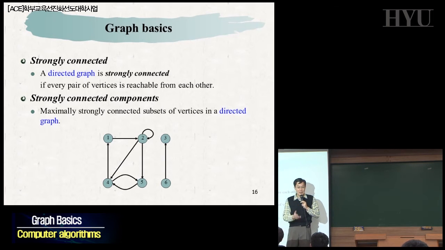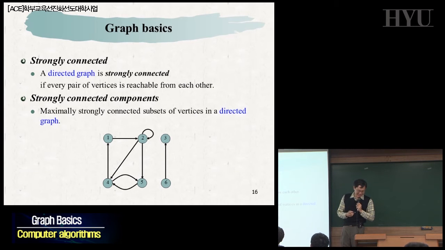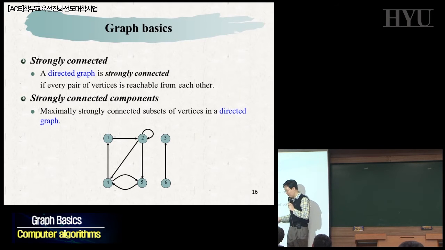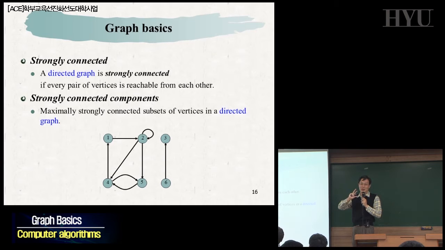Why? Okay, how can you show that? Look at this cycle. Look at this simple cycle. Because all vertices are on this cycle, every vertex is reachable from any other.